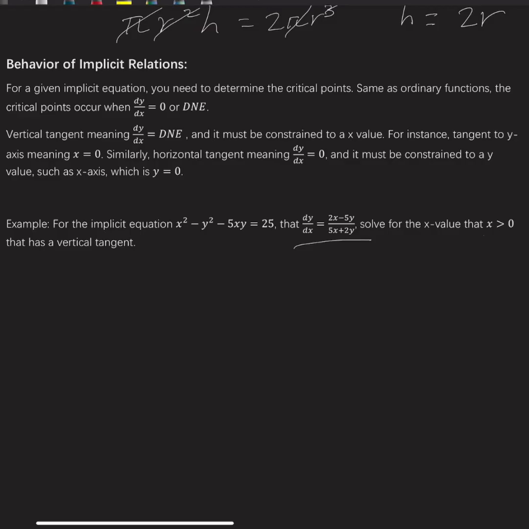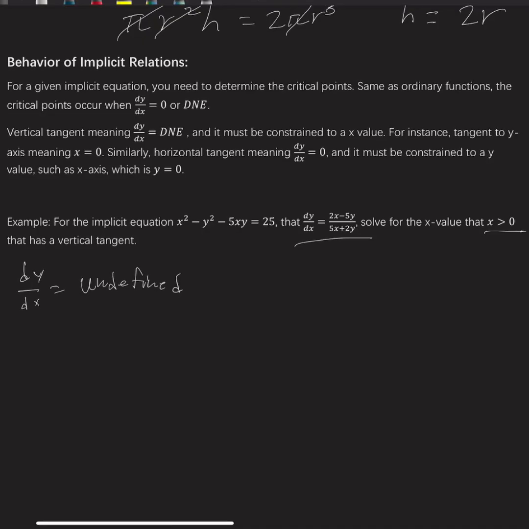Solve for the x value, where x is greater than 0, that has a vertical tangent. So what does it mean? It means dy/dx must be undefined. When is that undefined? When the denominator equals 0.